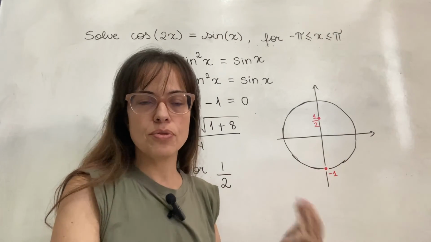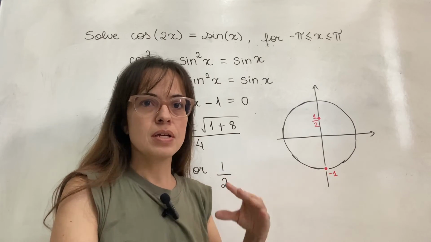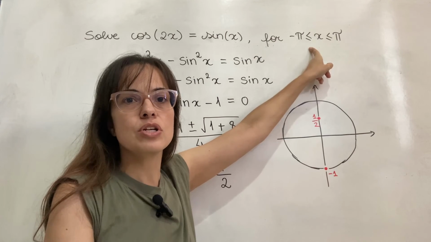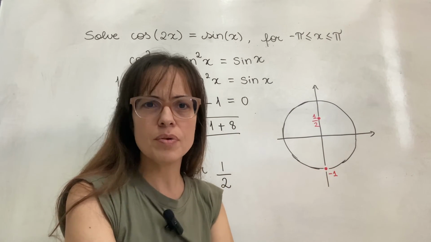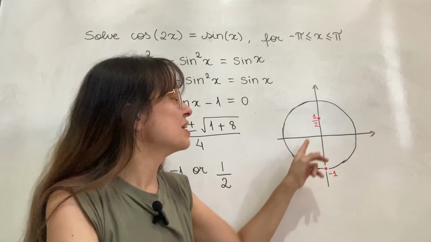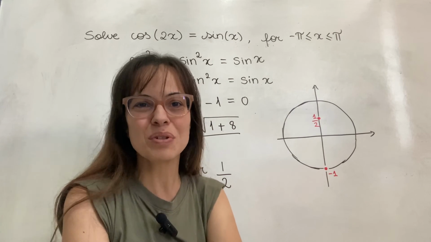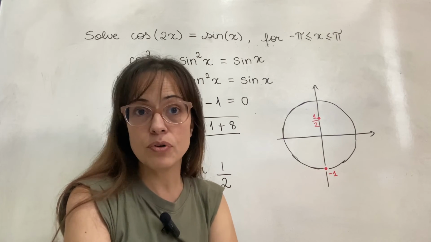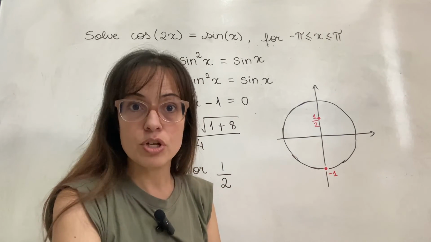And the only other thing you still need to do in this question is to figure out what are all of the angles within the given domain in the question that have one of those values of sine, because this is a very common mistake, is for people to say the first angle that comes into their mind whose sine is a half, which of course the first one that will come into your mind is 30 degrees, but then forget to look for others within the given domain of the question.